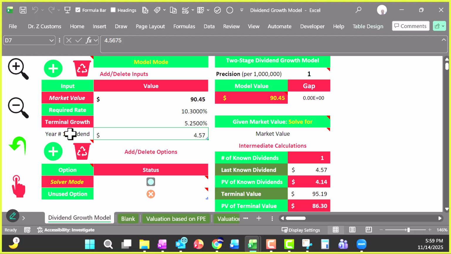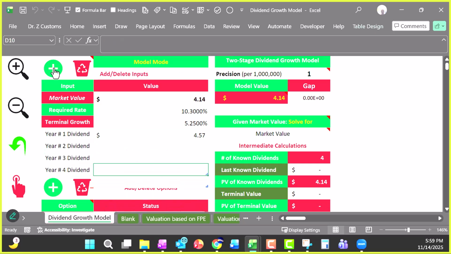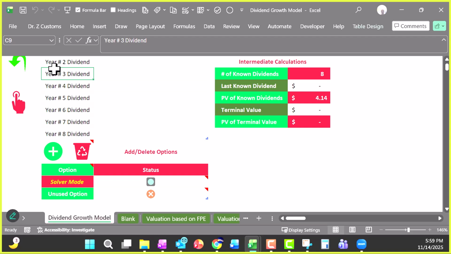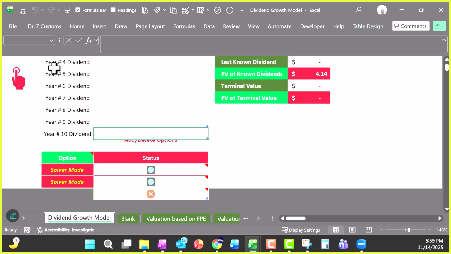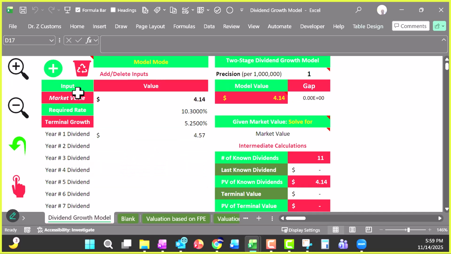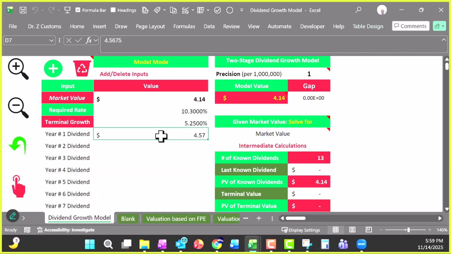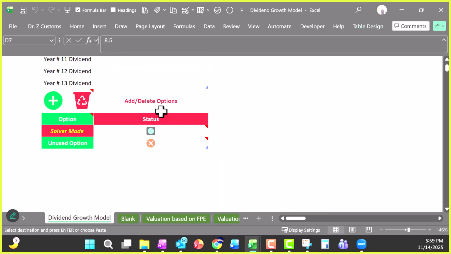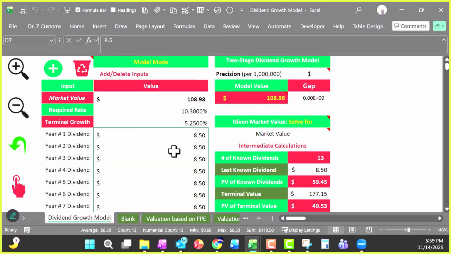By default, this template comes with 1 year of dividend, but using this plus button here, I can add inputs as much as I need. And they are all going to be 8.50. So let me copy and paste the values.